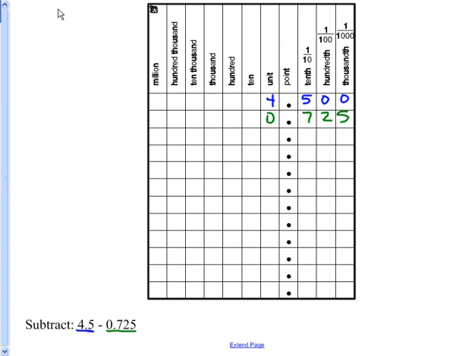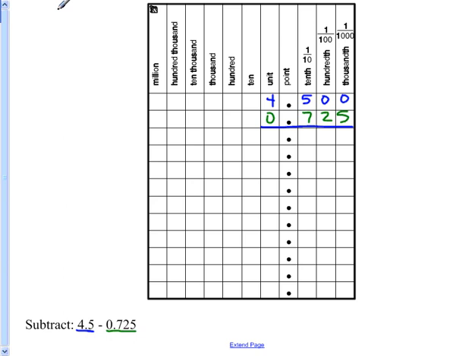Now, in order to subtract them, remember I'm subtracting the smaller number from the larger number here. So when I start way over on my right-hand side, I want to take away 5 thousandths, but I don't have any. So I'm going to have to do some borrowing. So I'm going to show that in red. I want to borrow for my thousandths, I want to borrow from my hundredths, but I don't have any hundredths there.